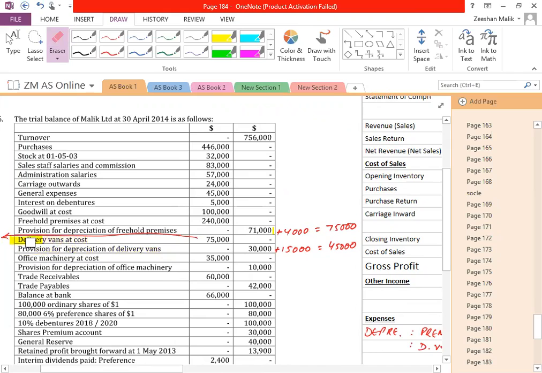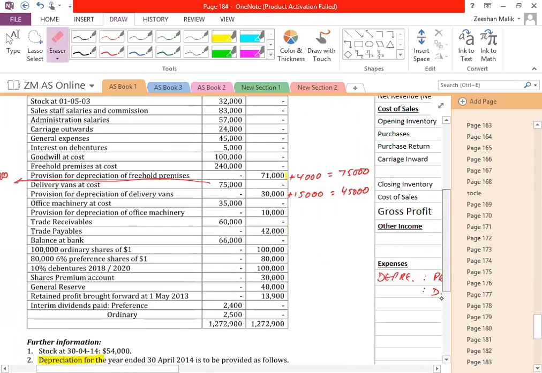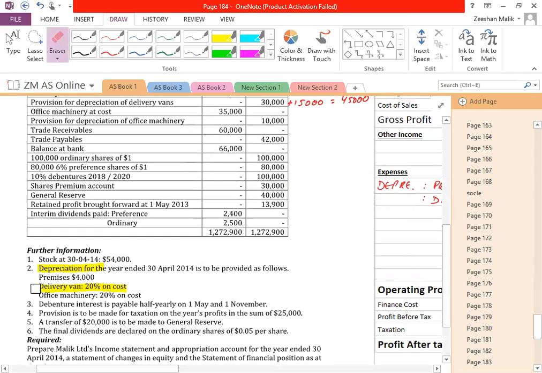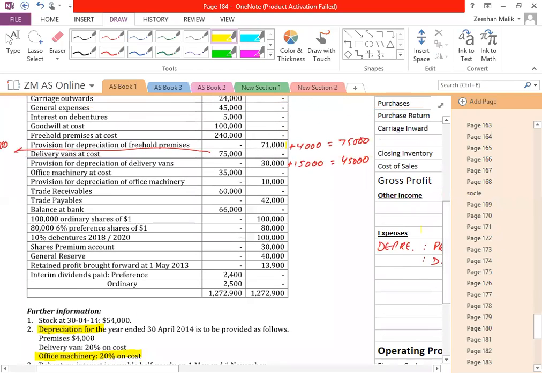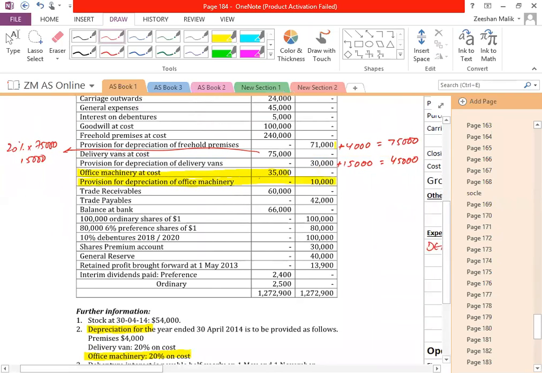Now the next one. The third asset, office machinery, 20%. Here we have office machinery, and here we have its depreciation. Directly on cost, so we apply 20% on 35,000, which is an expense, 7,000. And here we have to add it for the statement of financial position.